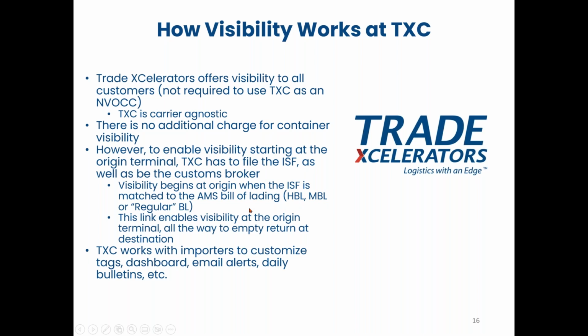We won't get into that whole story, house bill versus master bill. It's obviously the lowest house bill number that has to be used as an ISF, but there's a link between the ISF and the Automated Manifest System bill of lading. That means that there's action. Goods are moving. This link is what enables visibility at origin terminal all the way to empty return at destination.